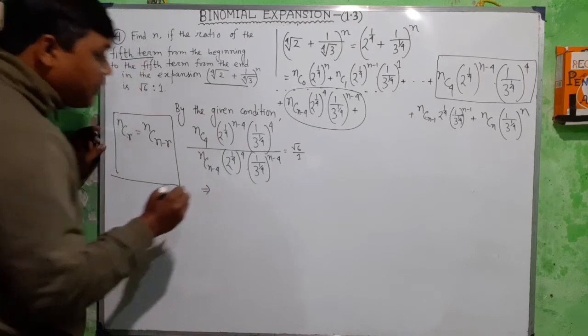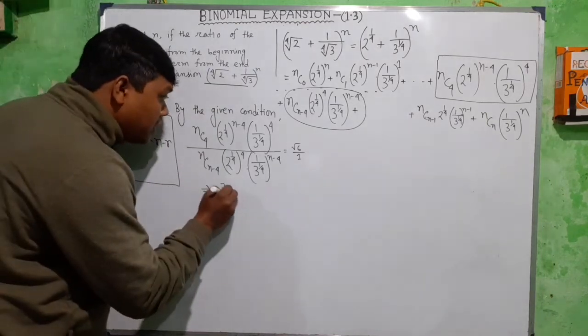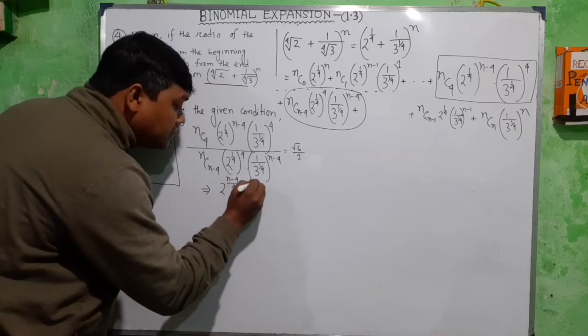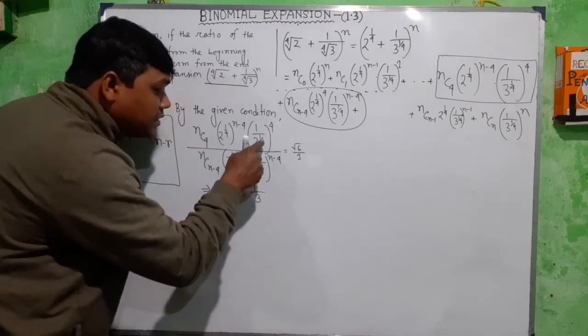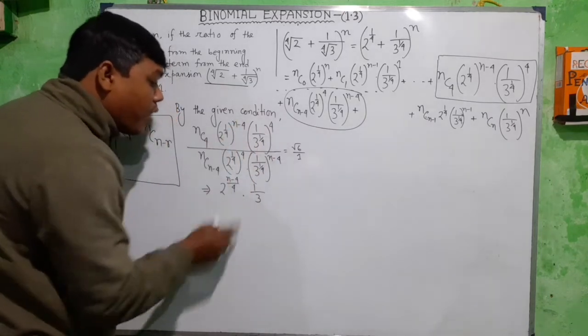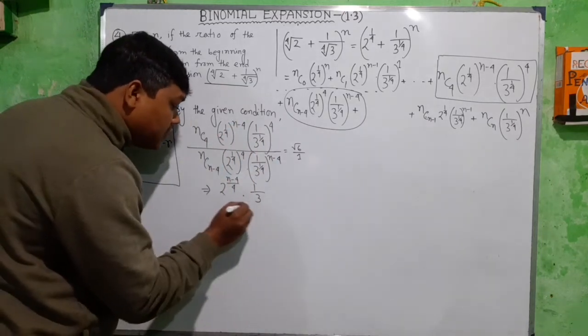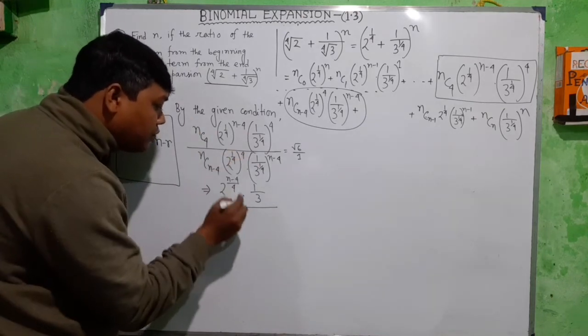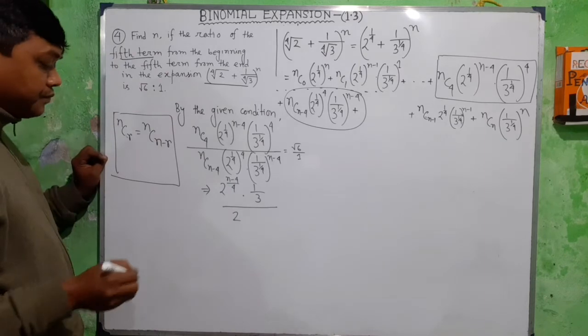So if I simplify it, 2 to the power (n minus 4) by 4, and this gives 1 by 3, 3 to the power 1 by 4 into 4, that is cancelled, we will get 3 to the power 1. So 1 by 3 to the power 1, that is 1 by 3, and 2 to the power 1 by 4 into 4 gives 2.